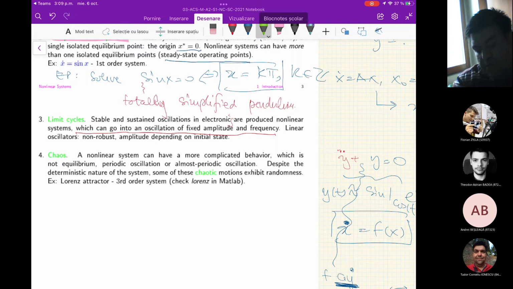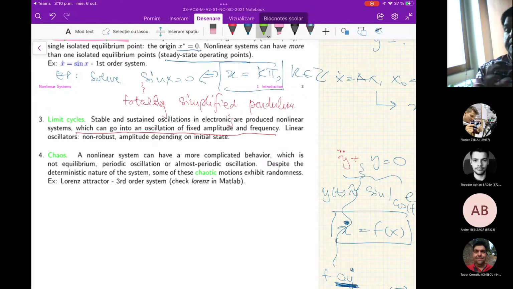chaos. Chaos is also a peculiar nonlinear phenomenon, in the sense that a nonlinear system can have a more complicated behavior, which is usually not an equilibrium point. You can have periodic oscillations or almost periodic oscillations.